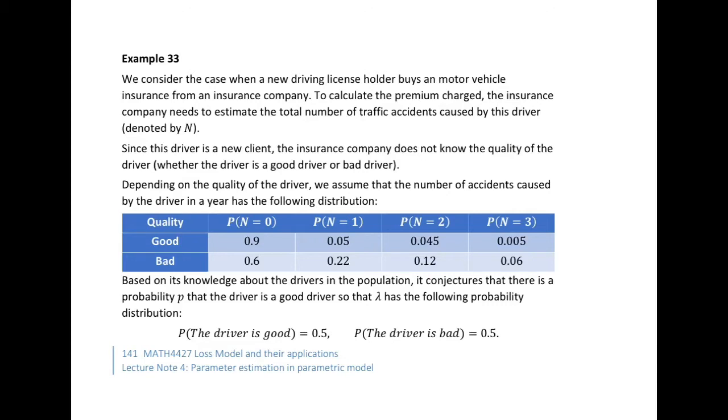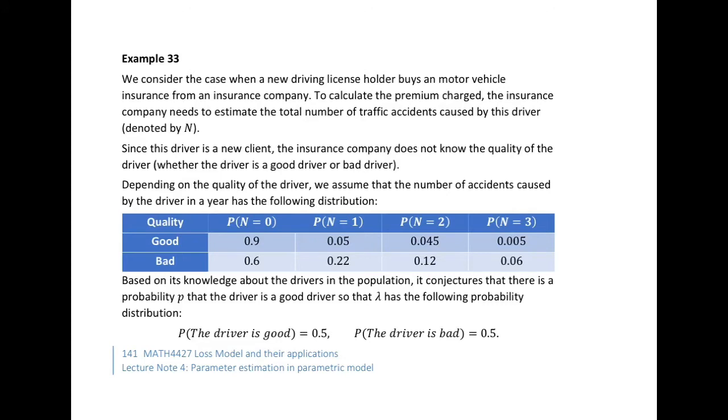Because this is a new driver, the insurance company does not really know the quality of this driver, meaning they don't know whether this driver is a good driver or a bad driver. In this example, we will demonstrate how the insurance company would estimate the claim frequency based on the information it gets at different times, using this Bayesian analysis.